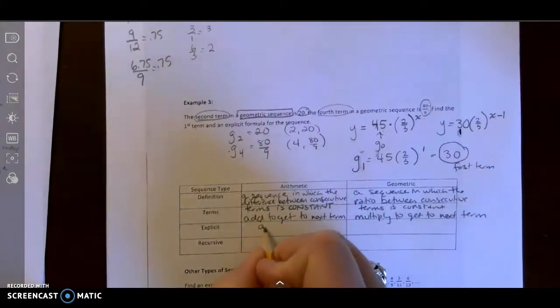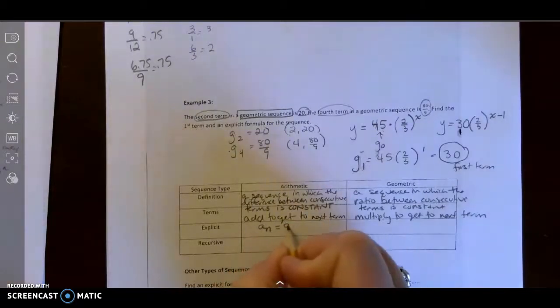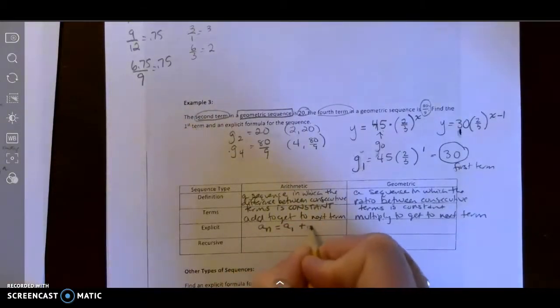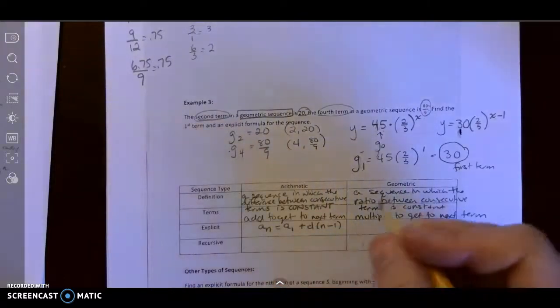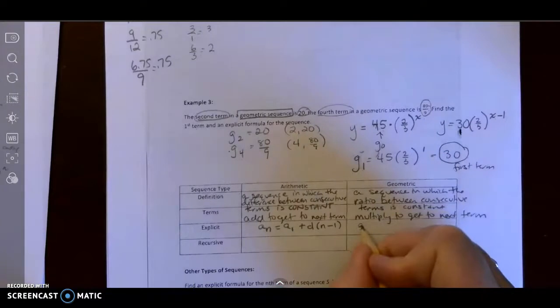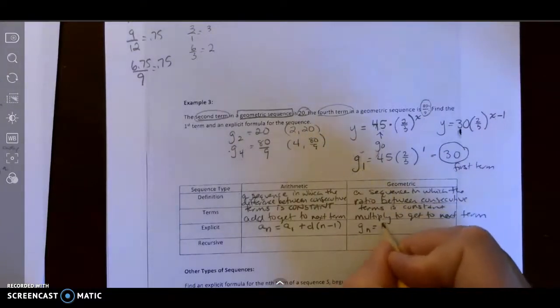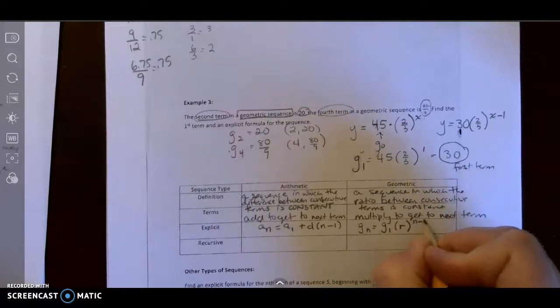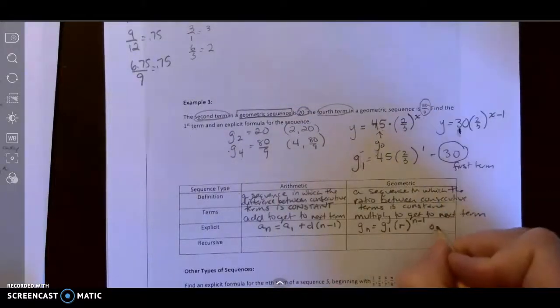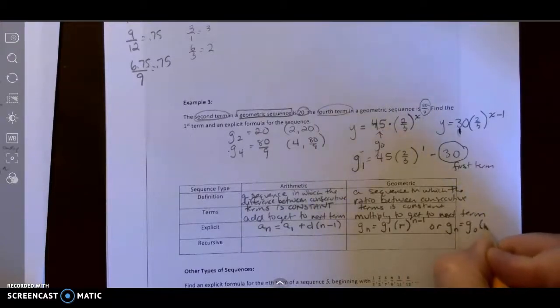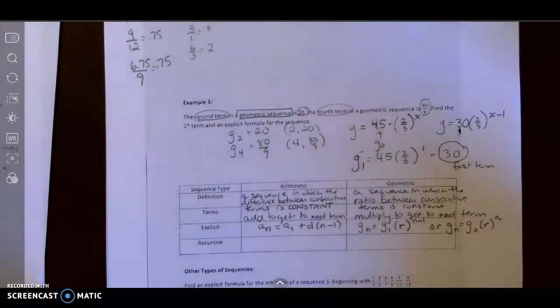My explicit formula is a sub n equals my first term plus that constant difference times n minus 1. And for geometric, g sub n equals that first term times the constant ratio to the n minus 1. Or g sub n can be the 0 term times r to the n.